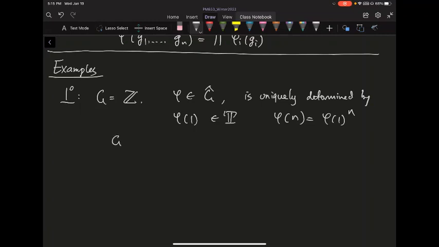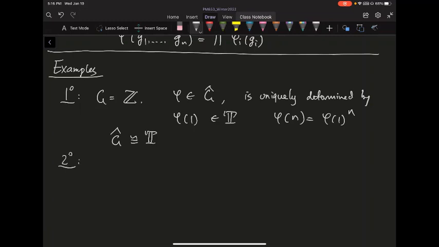So that essentially tells you G hat can be identified with phi 1, which is the same as the unit circle. And each of these phi 1 gives you a continuous map because you have a discrete topology on the integers, so there's nothing special here.